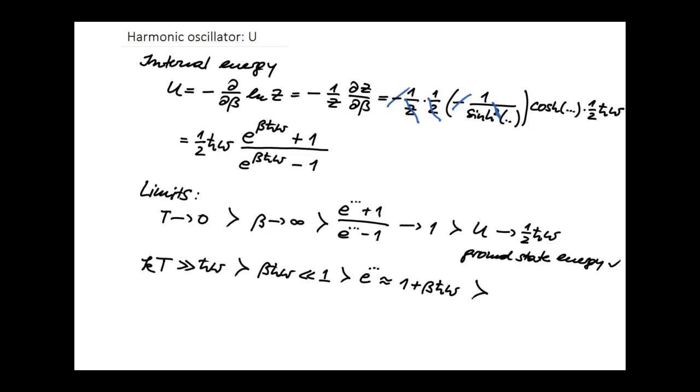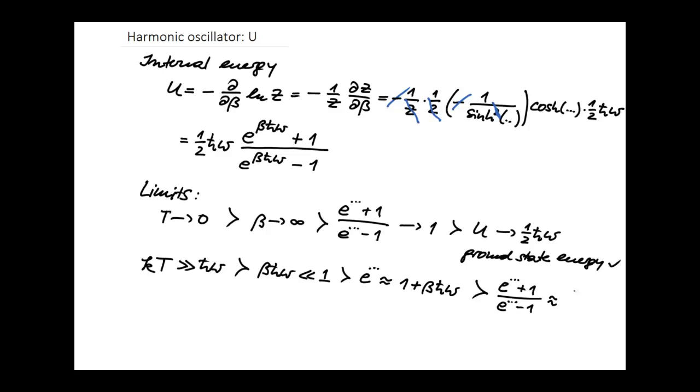And this implies that in the numerator you have approximately 2 plus beta h bar omega. And in the denominator, the 1 cancels out, and you have approximately beta h bar omega. So you have, let me write this down, plus 1 divided by minus 1.